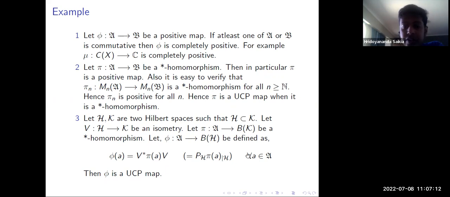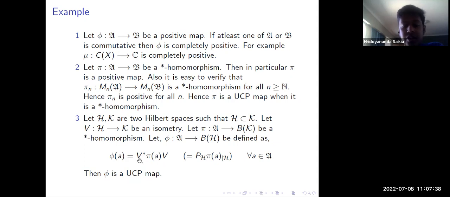So for any a in the C-star algebra A, pi of a is an element in B of K, right? Now I want to view this pi of a as an operator acting on the smaller Hilbert space H. And for that, I will take the help of an isometry V.